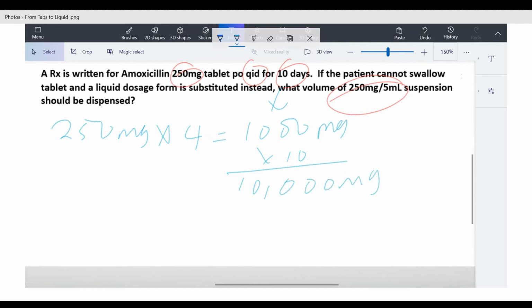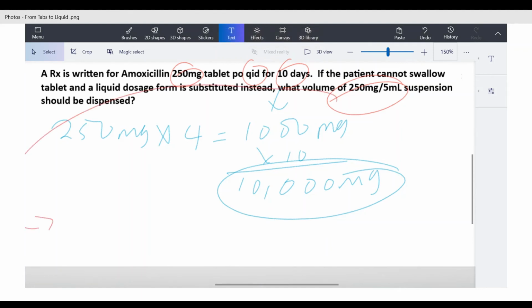This 10,000 milligrams is what we're going to use as part of our setup when we bring our 250 milligram concentration over. So 250 milligrams per 5 milliliters, and we're going to put our 10,000.